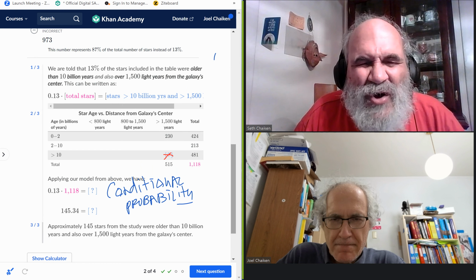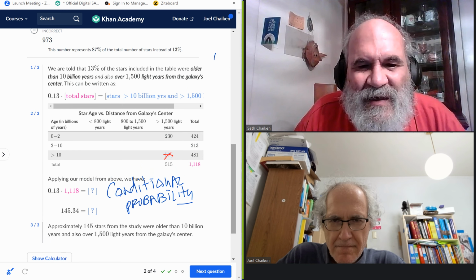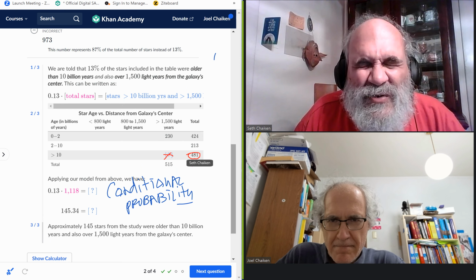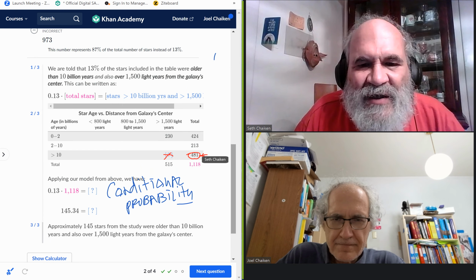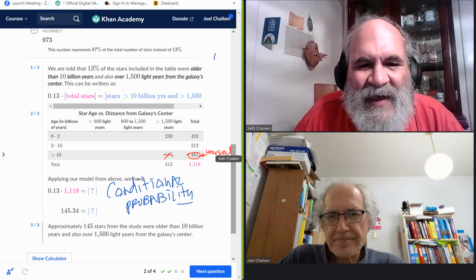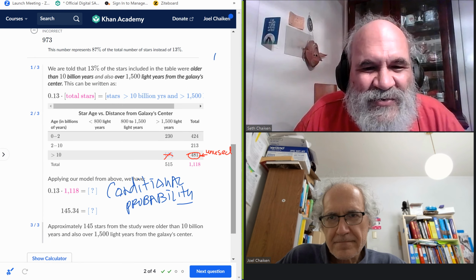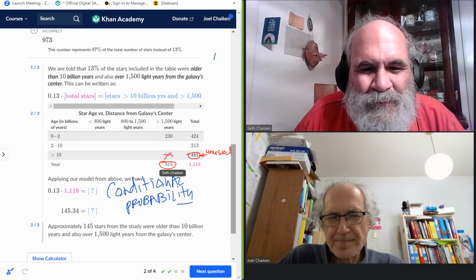No, the thing is, they make no reference to the total for the row, and they make no reference to the total for the column.